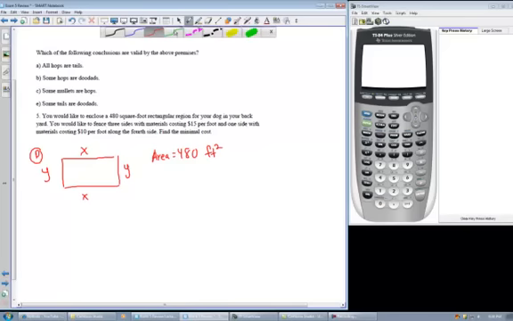Fence 3 sides with materials costing $15 per foot. So let's change the color up here since I have other colors I can use. So let's do these 3 sides. 1, 2, 3. And this is $15 per foot. And then the other side, let's do it in green.